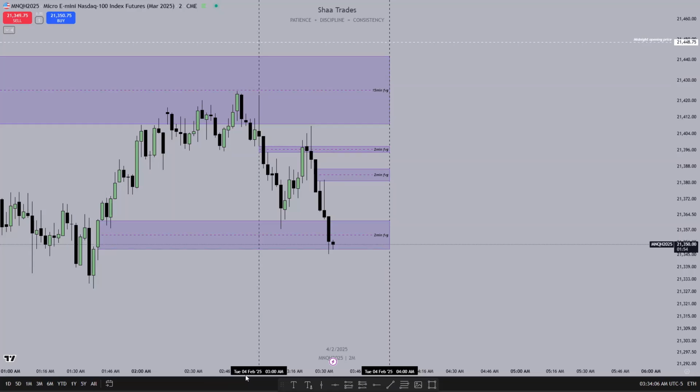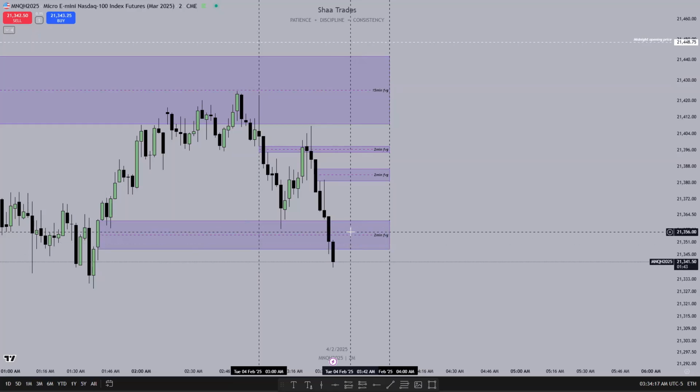So it closed below the lower half of this fair value gap. Usually that means it's going to become inverted because price is so heavy.